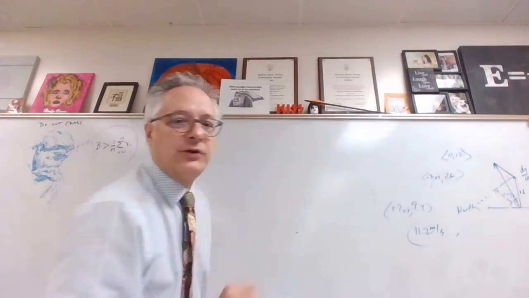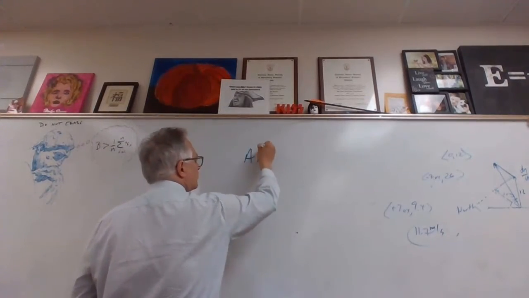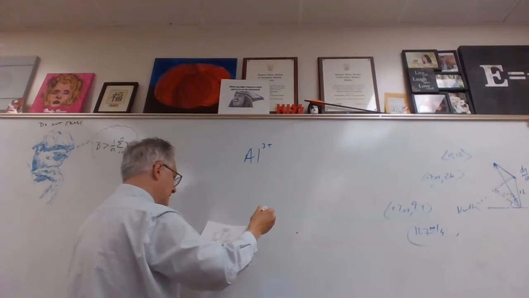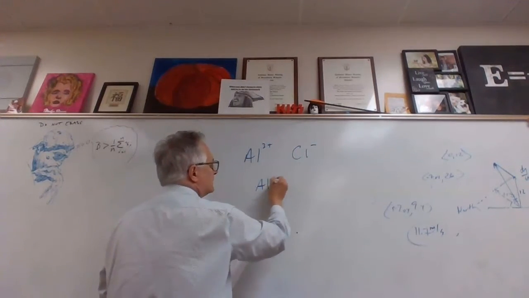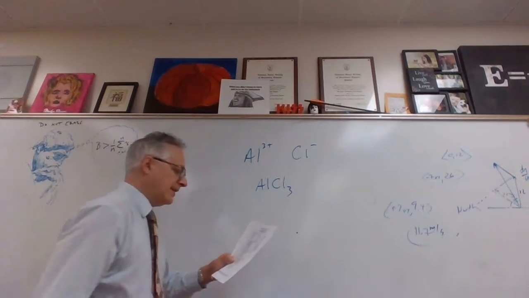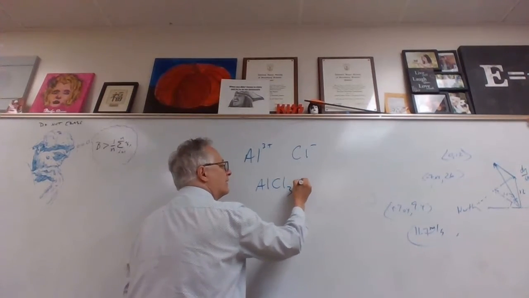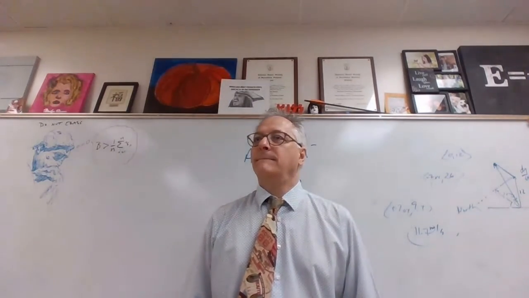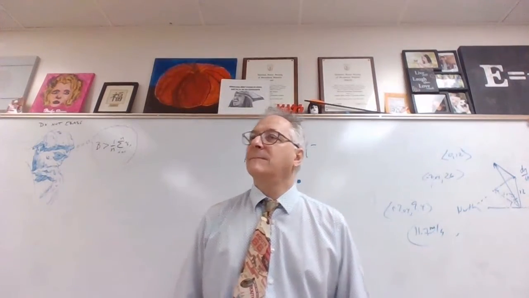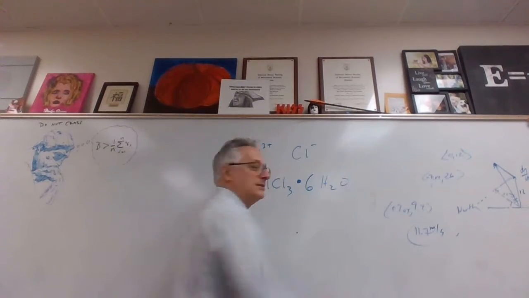Well, aluminum, you go to your periodic table and you see that aluminum is a +3 charge and it's chloride. So I have to have AlCl3 and then it says hexahydrate. So you put the big dot there and Dylan, what's hexa? Yeah, yep, 6 waters, 6H2O.